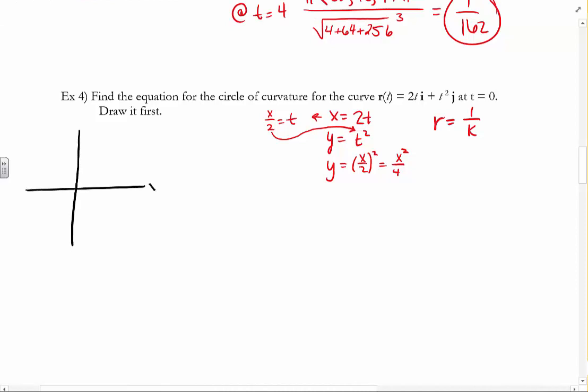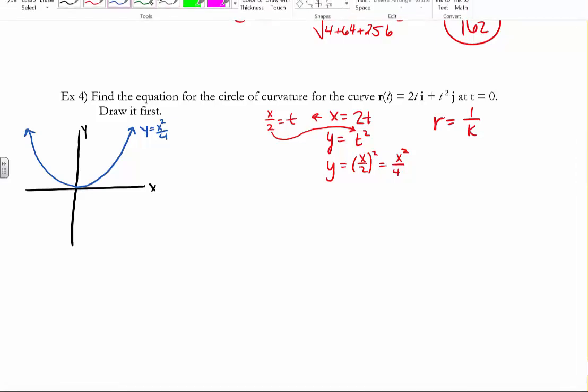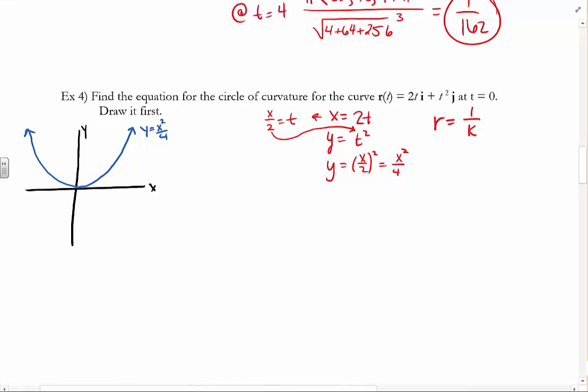So here's x, here's y, and x squared over 4 would be kind of wide-ish like this. It says we're supposed to draw the circle of curvature at t equals 0. So at t equals 0, this would be the point (0, 0).